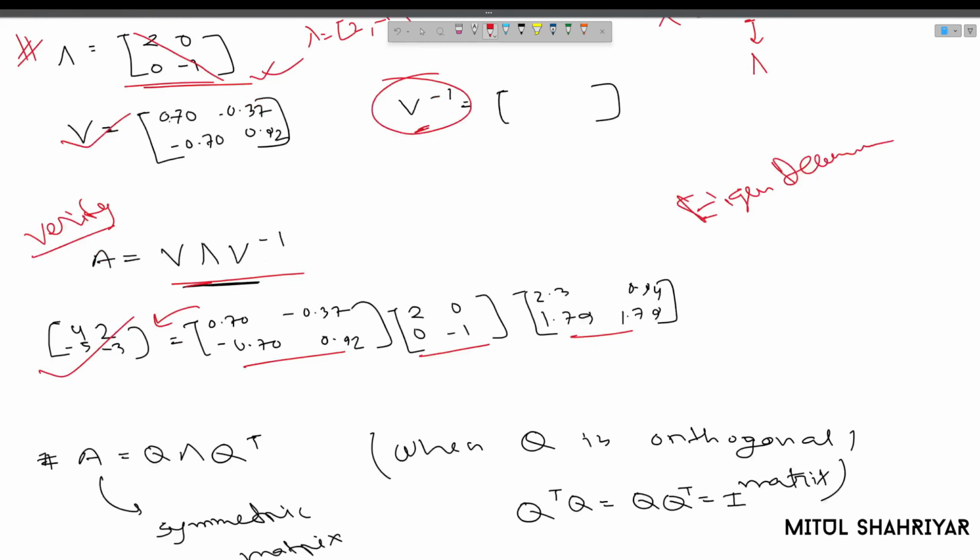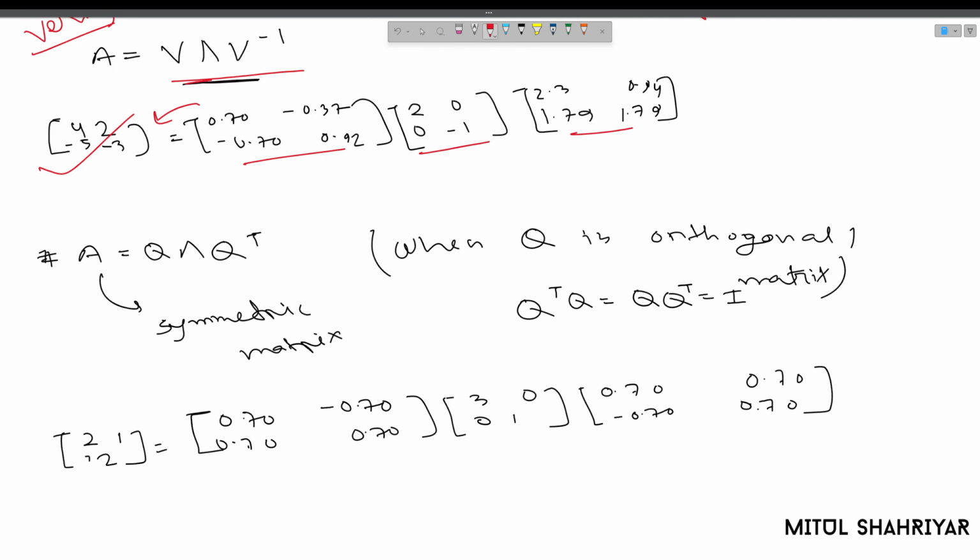Now what? Another thing, in our VS Code we have seen earlier in the last video that a matrix can be represented using orthogonal matrices. Here Q is an orthogonal matrix. So what is an orthogonal matrix? If a matrix transpose is multiplied with that matrix and we get the identity matrix, we can call that an orthogonal matrix.